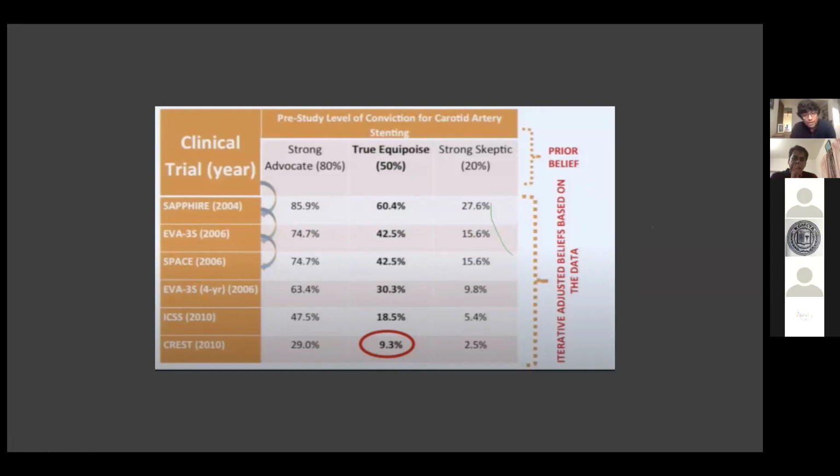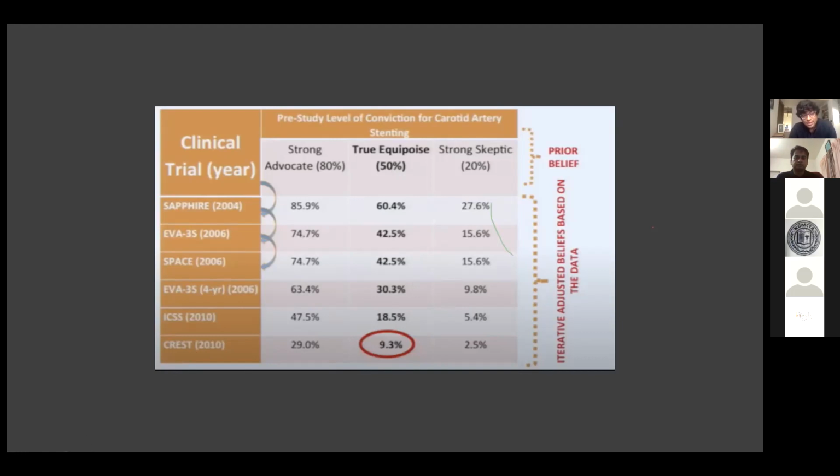Now, ask yourself what level of evidence it would take. Even the CREST data was released in 2010, and it is 2021. What level of evidence would it now take for you to rise from 9.3% to 50%, which is true equipoise? What kind of trial would have to be conceived so that your confidence in carotid artery stenting grows?